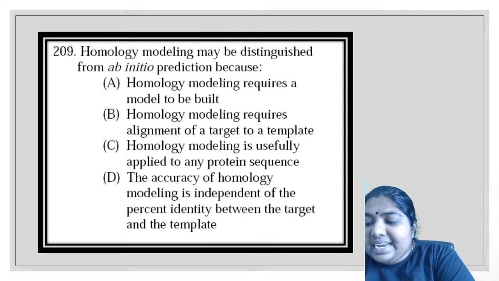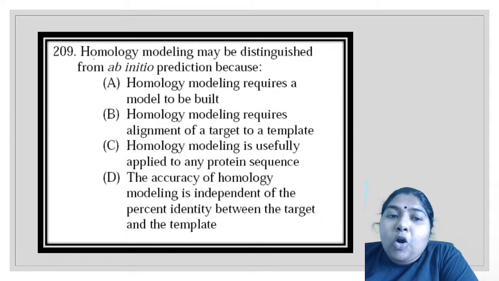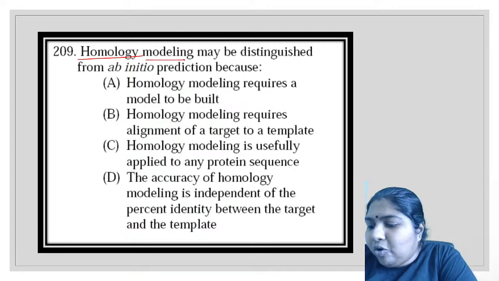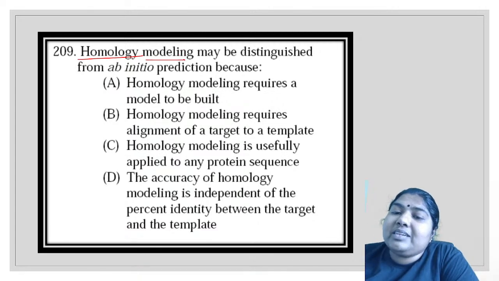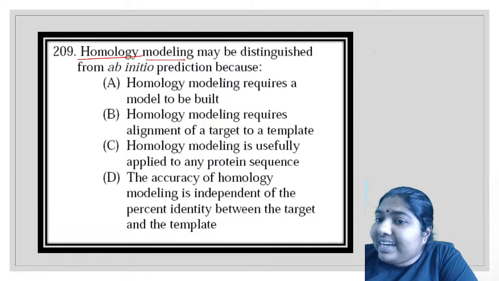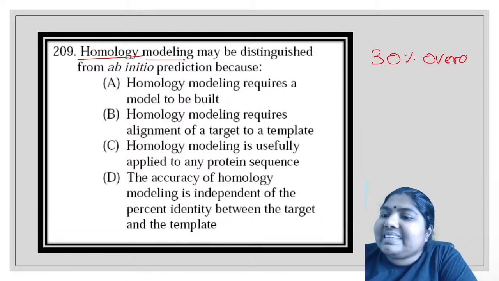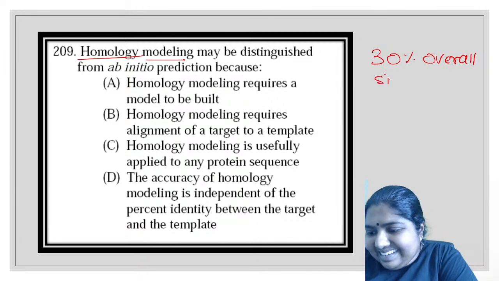So the next one is homology modeling. I told you that for homology modeling, it should have greater than 30% overall similarity. Understood?